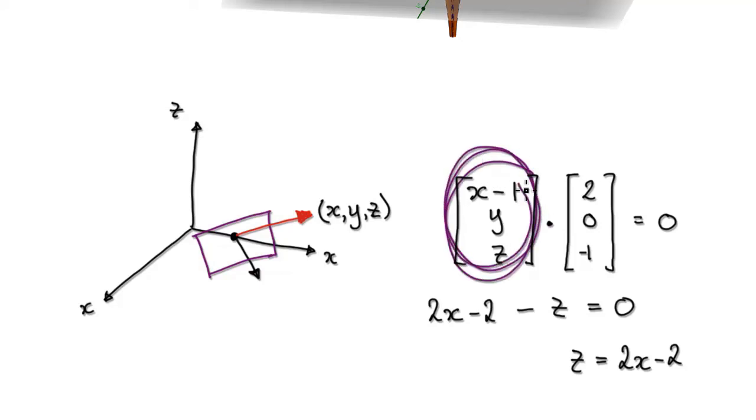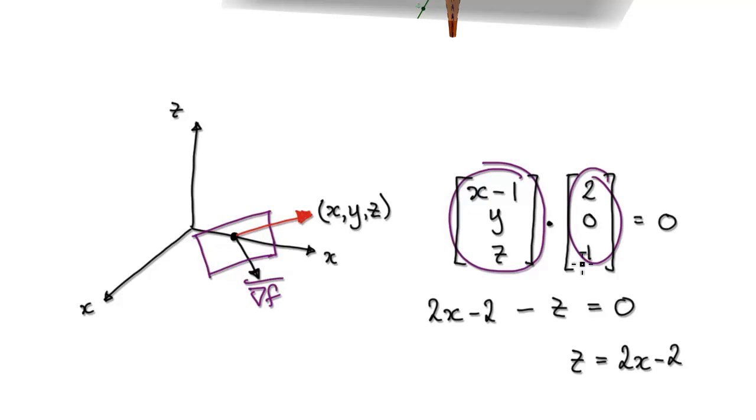The equation of a plane, if you can't remember, look it up. But the red vector is given by this, and the grad f is given by this. And then you demand that the two vectors be at 90 degrees to each other, meaning the dot product must be equal to 0.